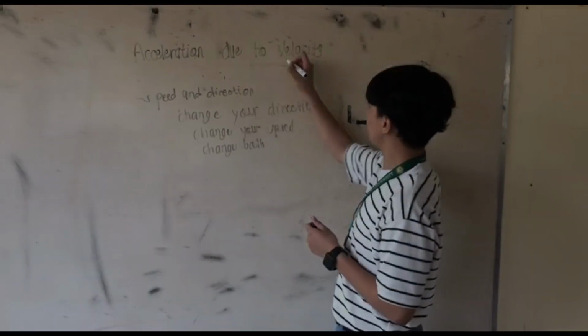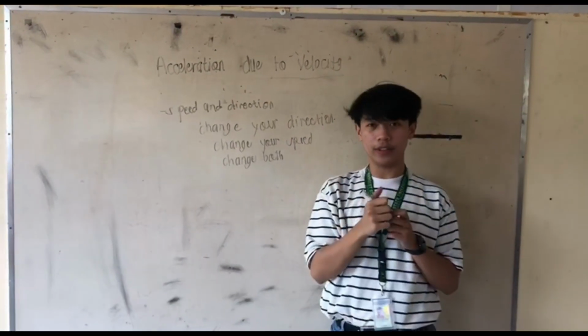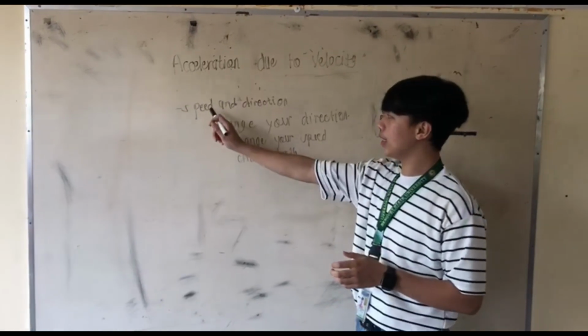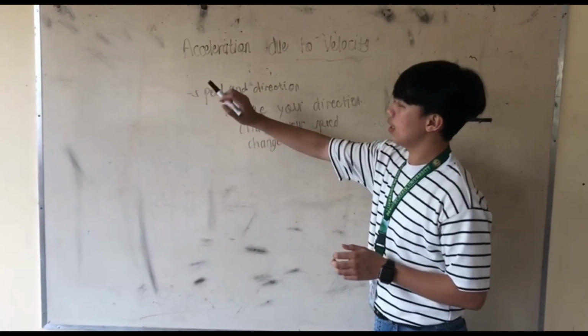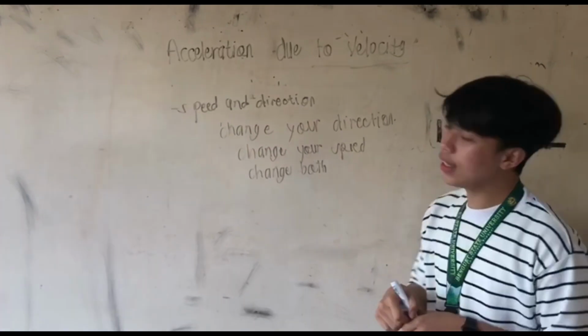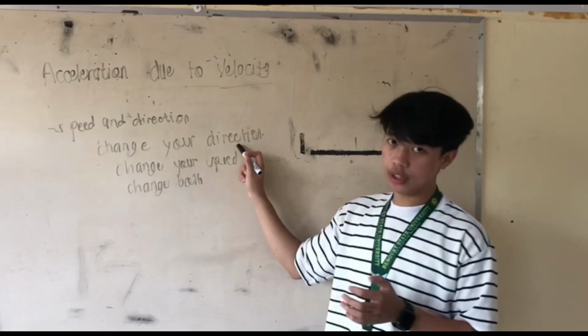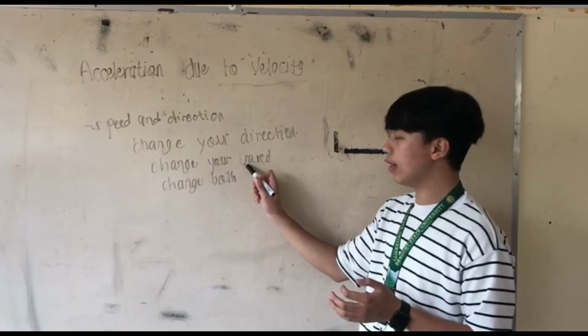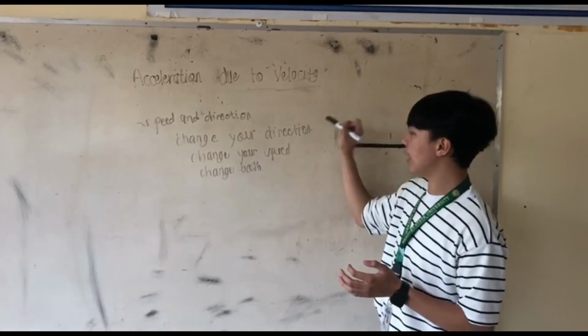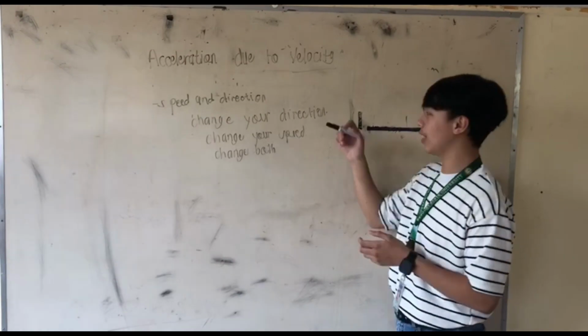Since acceleration due to velocity pertains to changes in speed and direction, you can accelerate if you change your direction, or you change your speed, or you change both factors presented on the board.